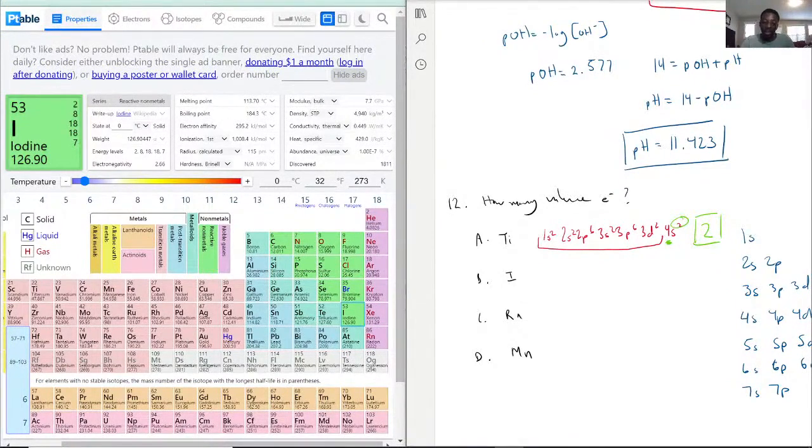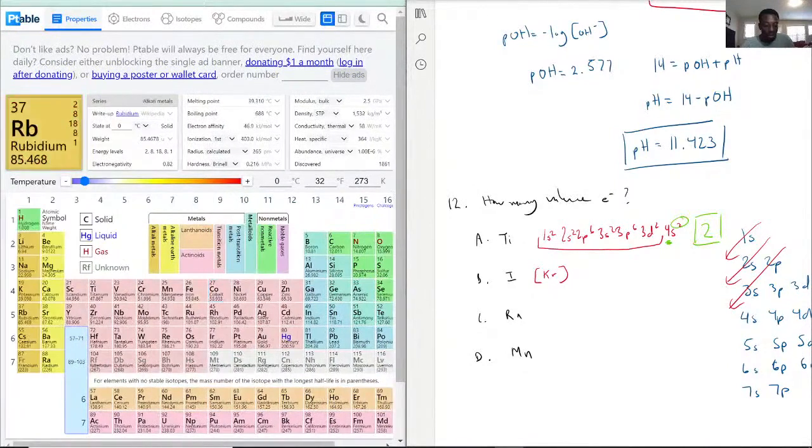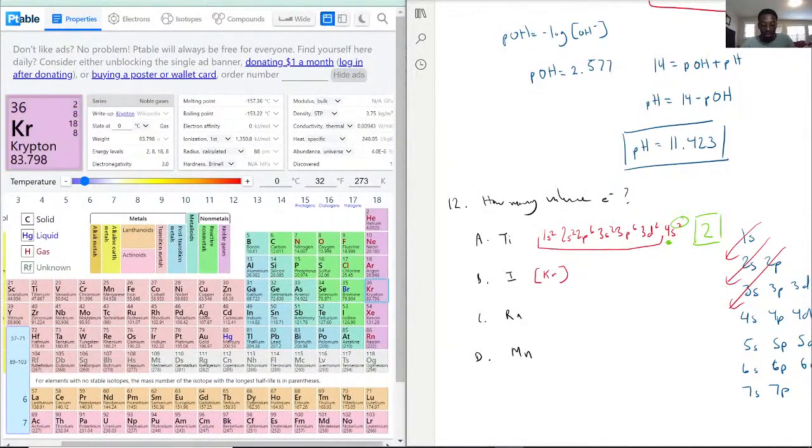So with that being said, for the noble gas notation, we start with krypton, because that's the previous noble gas. And what krypton effectively says is that we're going to cancel all the way from, because iodine is actually on the fifth row, so we're going to finish every 4.